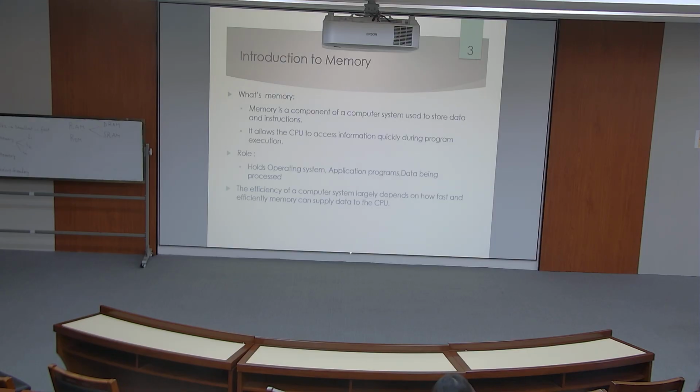So it has to hold, for example, the operating system, different applications, data being processed, and so on and so forth. So the efficiency of any computer system largely depends on how fast and how efficiently the memory system can support the data.